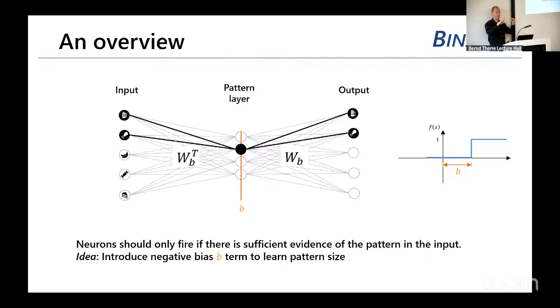If the bias is low, that means that at least one of these neurons is fine. We set a minimum value for the bias. Basically, if you have a pattern that consists of at least 2 elements, you don't want to say, okay, I want to see 1 of those. So bias is basically set at least 2. That's the general idea. Whether this is, again, a great idea or not, I leave that open.